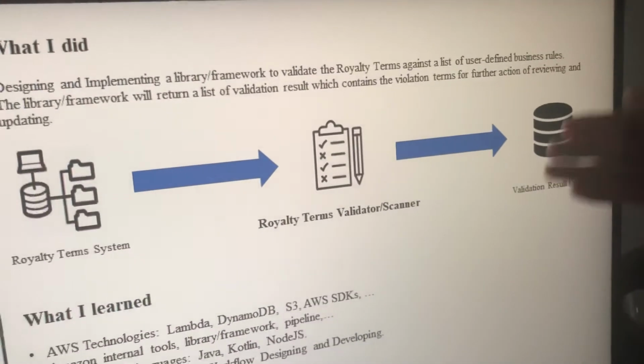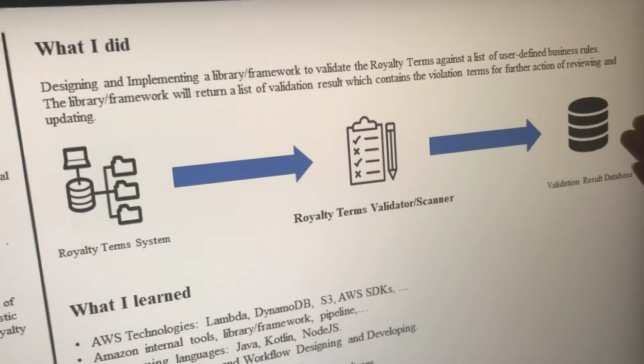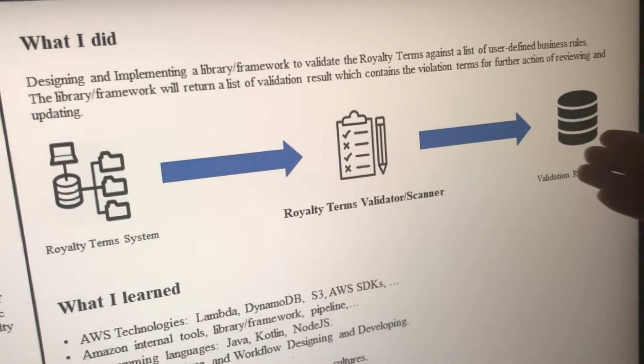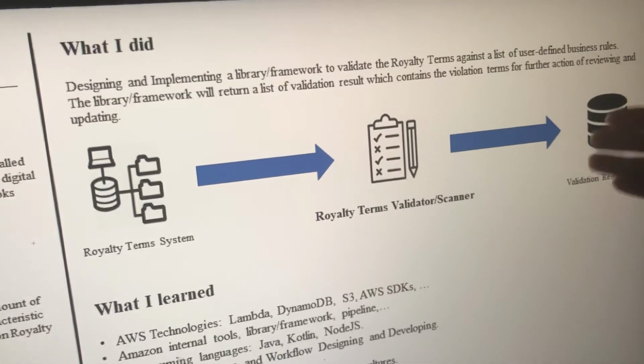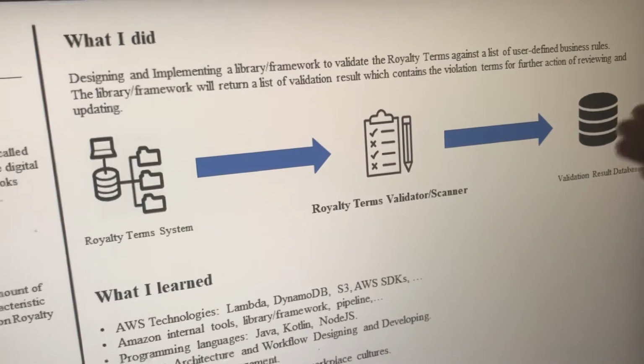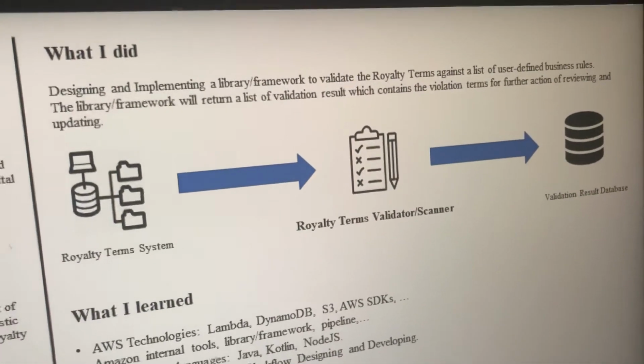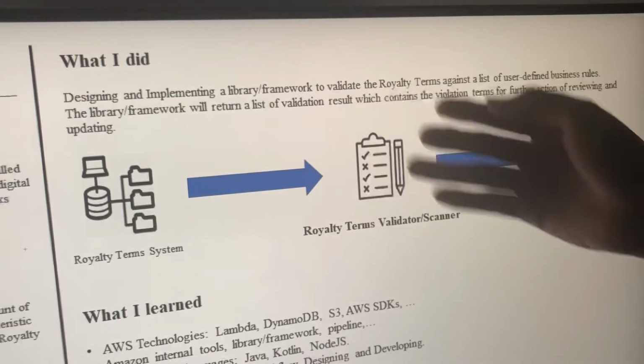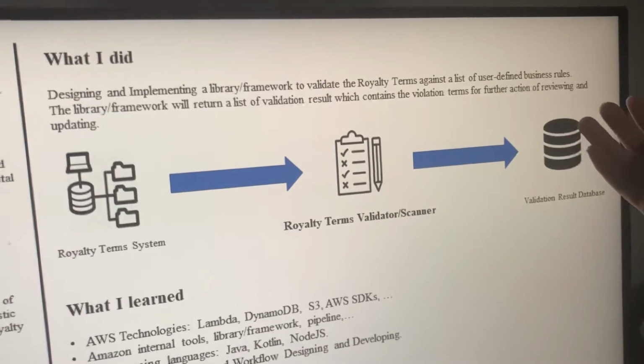For further actions, some clients or people can get the violation information from here and make some updates or changes for the system. This is the overall project that I worked on at Amazon.